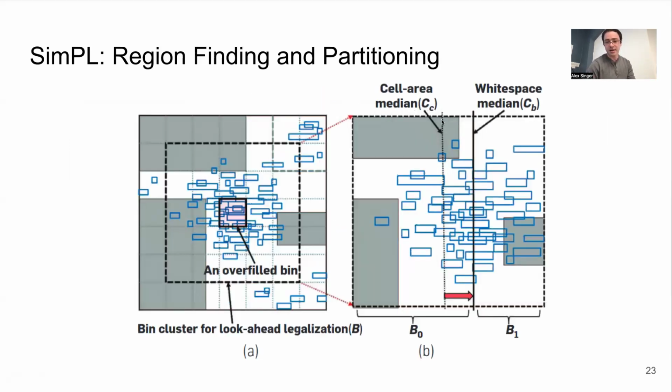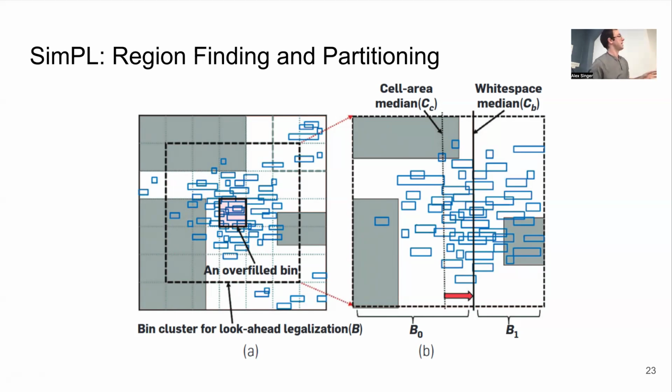We have this cell area median cut line, and then we have the white space cut line. All of these blocks in this region, if I just move this line over, they're all going to go smack on the cut line because they're trying to get as close to their solved solution as possible, which is literally on this cut line. That creates a very dense region right here, which the paper claims is not a very good idea when you're trying to do legalization like this.